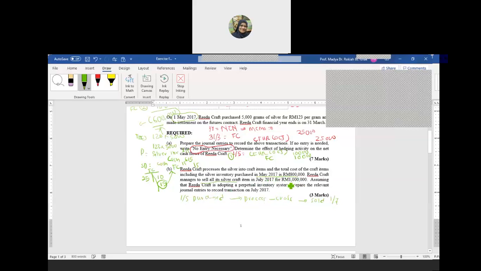So you need to prepare the journal entries. The first journal entry is to record the sales. The second journal entry is to record the COGS. And the third one is the reclassification of your other comprehensive income. Prepare the journal entry for the first one.